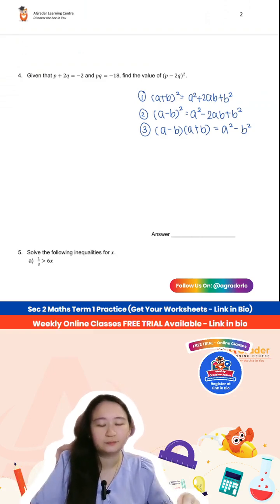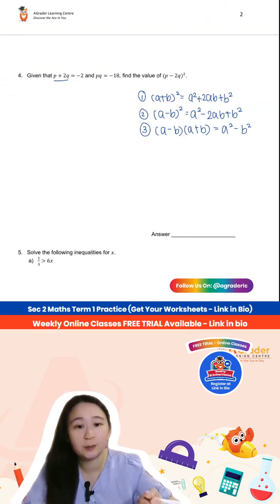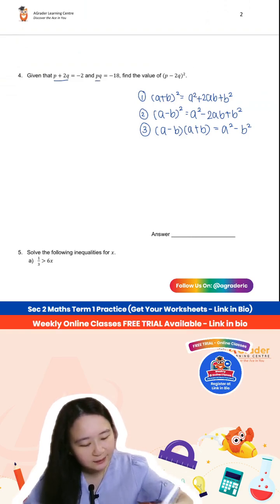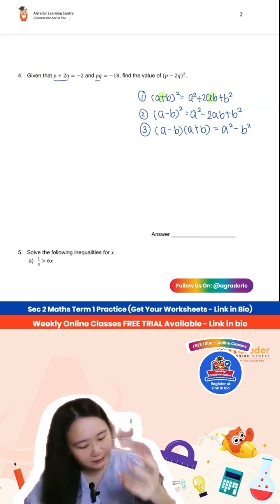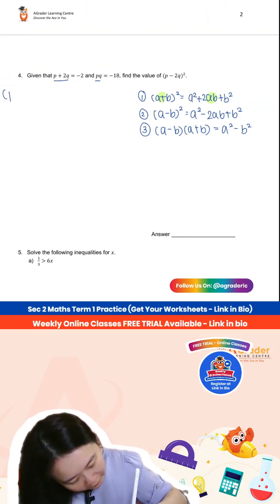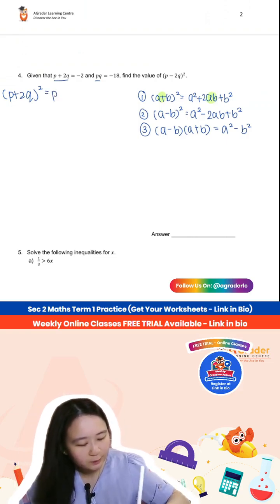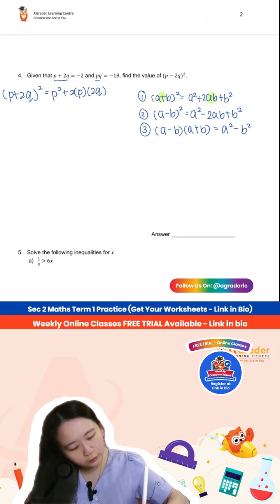Okay? So we'll be using these special algebraic identities for this question here. You can see that you are given p plus 2q and you are given pq. Since it's a plus, we use the first special algebraic identity to help us. So p plus 2q, the whole thing squared, will be equal to p squared plus 2 times p times 2q plus 2q squared.